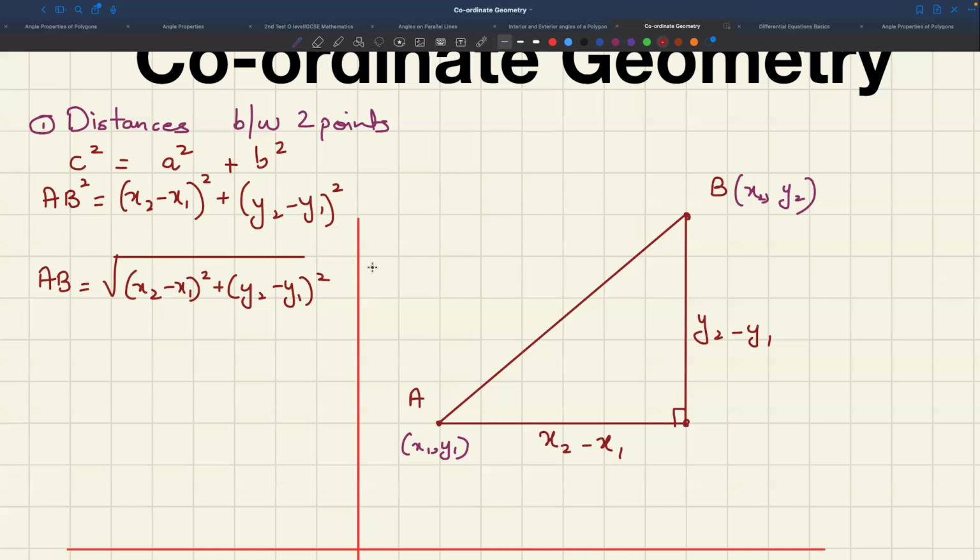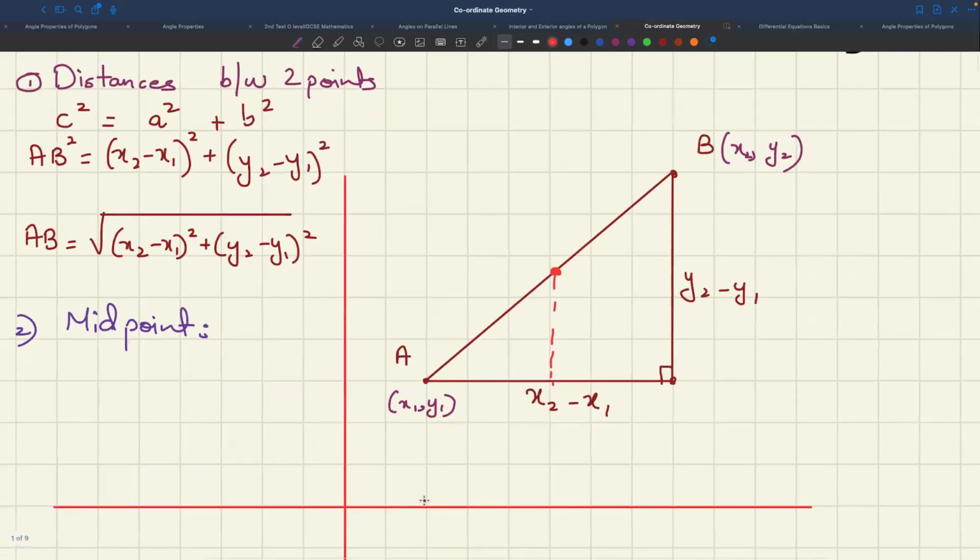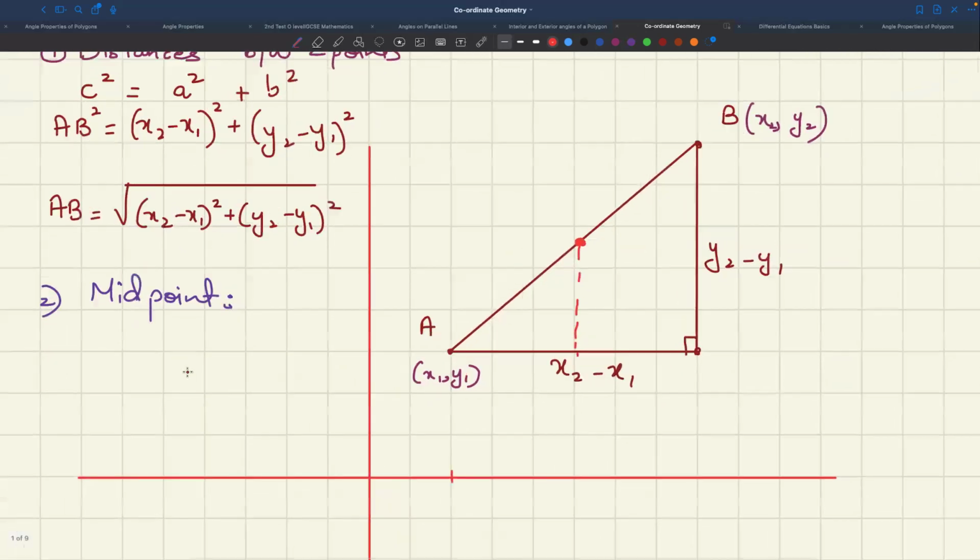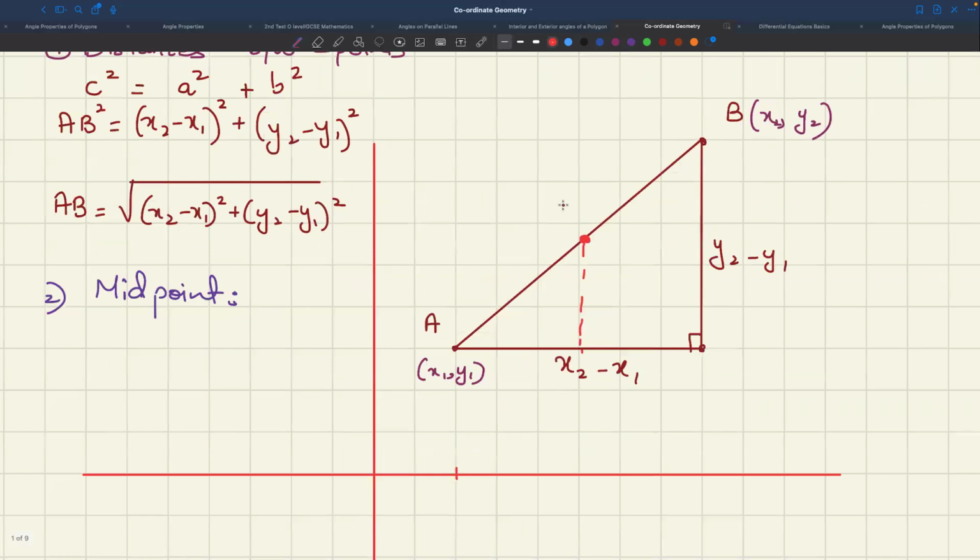Okay, so this is how you find the distance between the 2 points. Second thing is midpoint. Midpoint is as simple as, look, the center point over here, right? So how will we find the center point of x? I mean, it is like we find the average. Let's say the coordinates of the midpoint are x comma y.